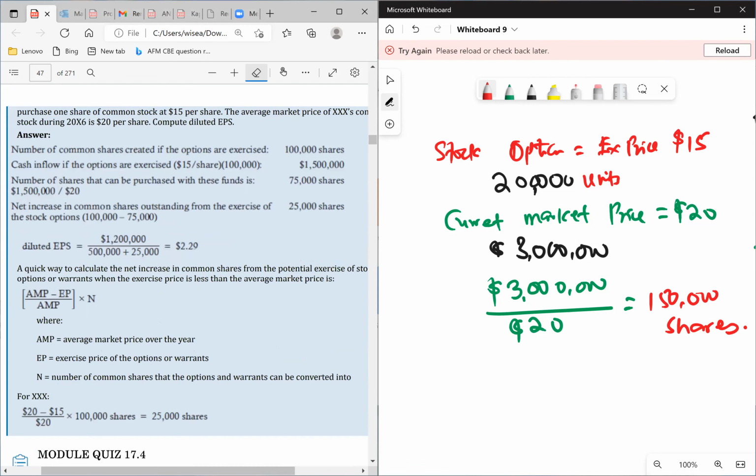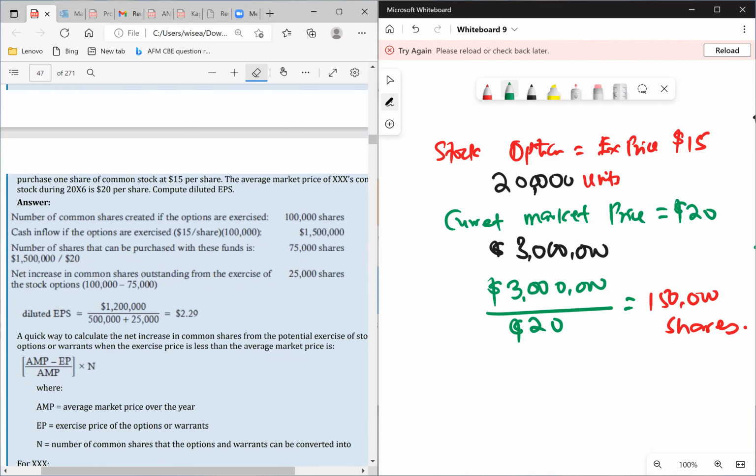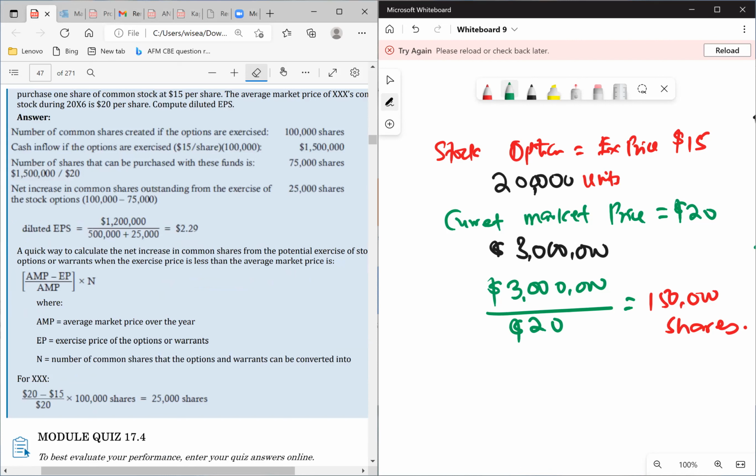So to determine whether the stock option is anti-dilutive or not, the formula is: the average market price minus the exercise price, how much we sell it for, divided by the average market price, times the number of shares.